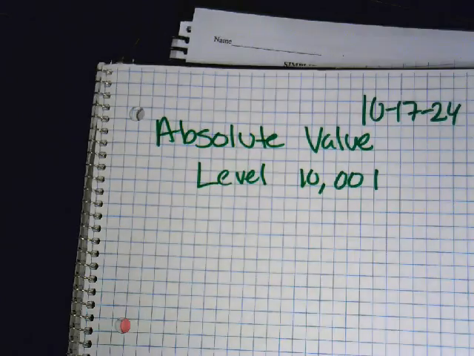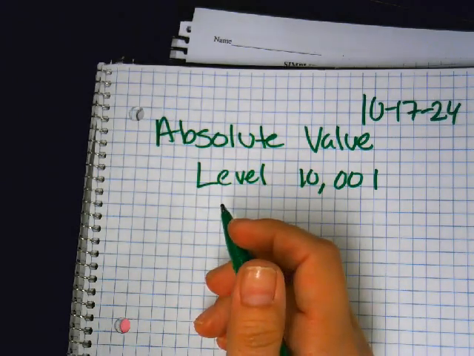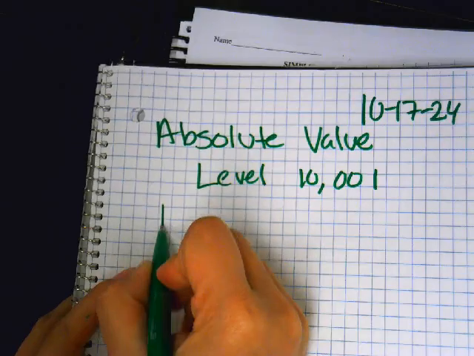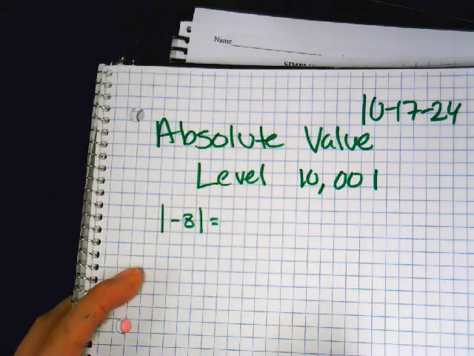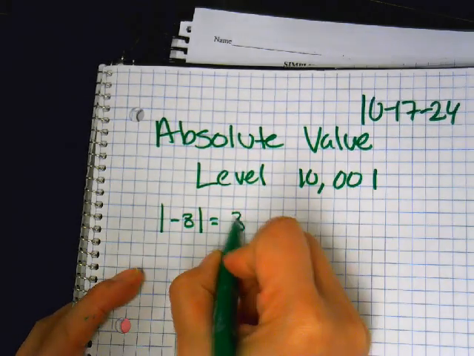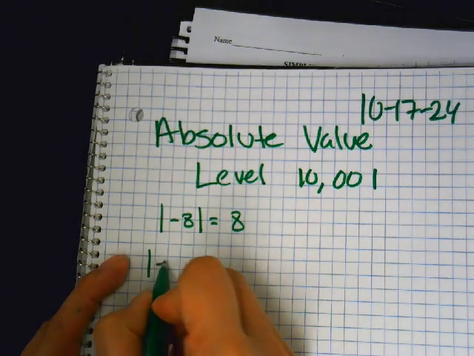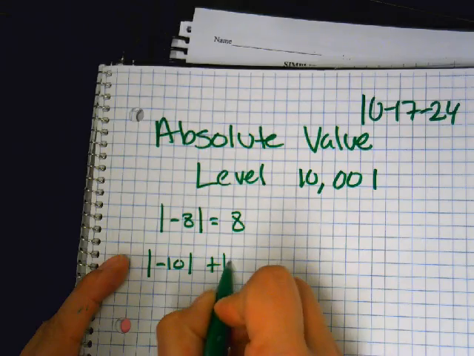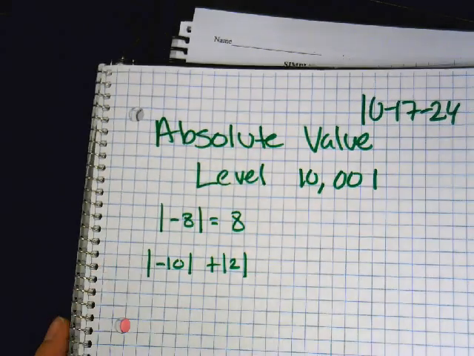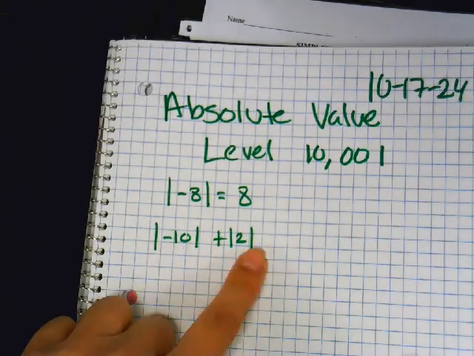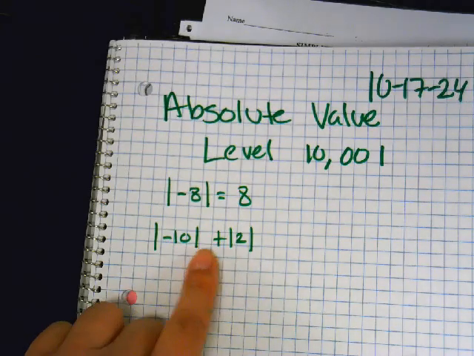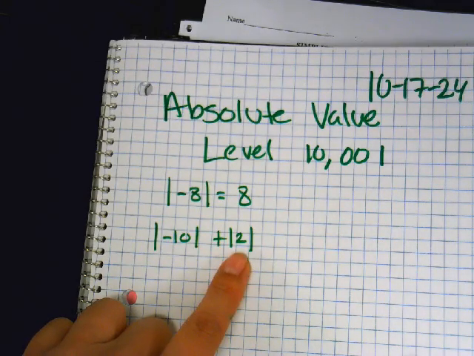So the first part was just, what's the absolute value of negative 8? Positive 8, right? So that was the first thing we learned. And then we learned, what's the absolute value of negative 10 plus the absolute value of 2? You have to switch negative 10 to a positive 10, and then you keep the 2.